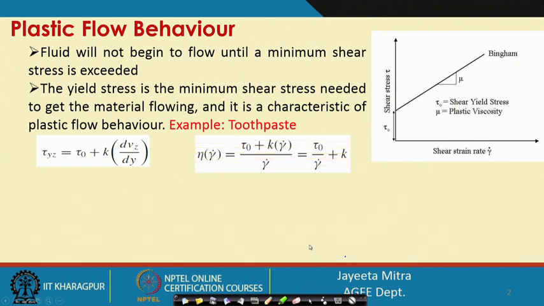Now, if we analyze the apparent viscosity in this case, where apparent viscosity is a function of shear rate, that is equal to shear stress by shear rate. So, stress will be tau 0 plus k into gamma dot, divided by gamma dot. So, that is equal to tau 0 by gamma dot plus k.